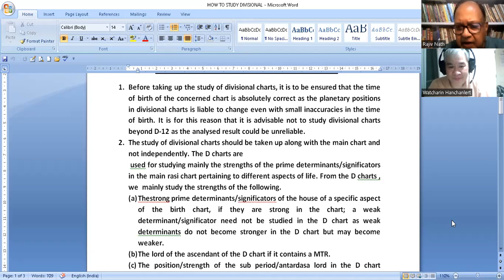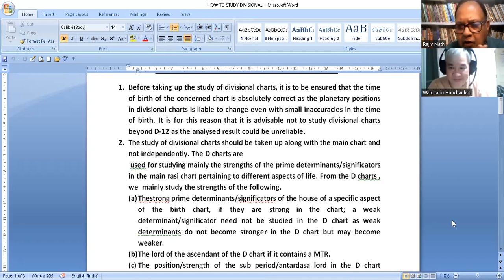Before coming to any conclusion or making a prediction, we have to see in the relevant divisional chart that we see for marriage, which is D9, Navamsa, how Venus, the prime determinant, is placed. Does it lose strength? It will not gain strength. Does it lose strength, or does it retain its promise that it shows in the main chart?